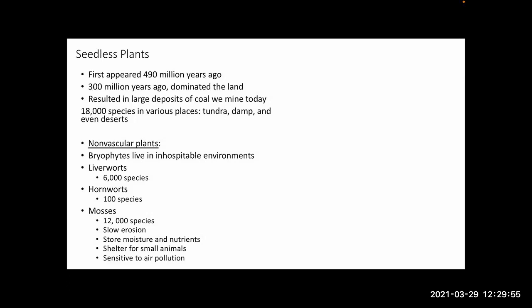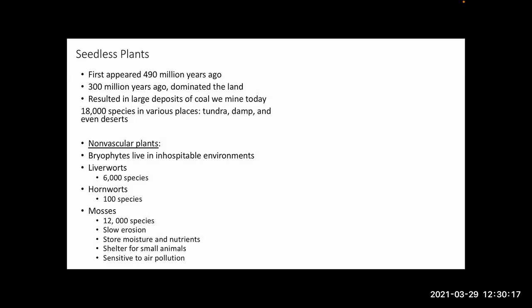And there were approximately 18,000 different species of bryophytes, or I'm sorry, your seedless plants. And those species grew in a variety of different environments. So places like your tundra, your moist environments, and even your dry desert environments.